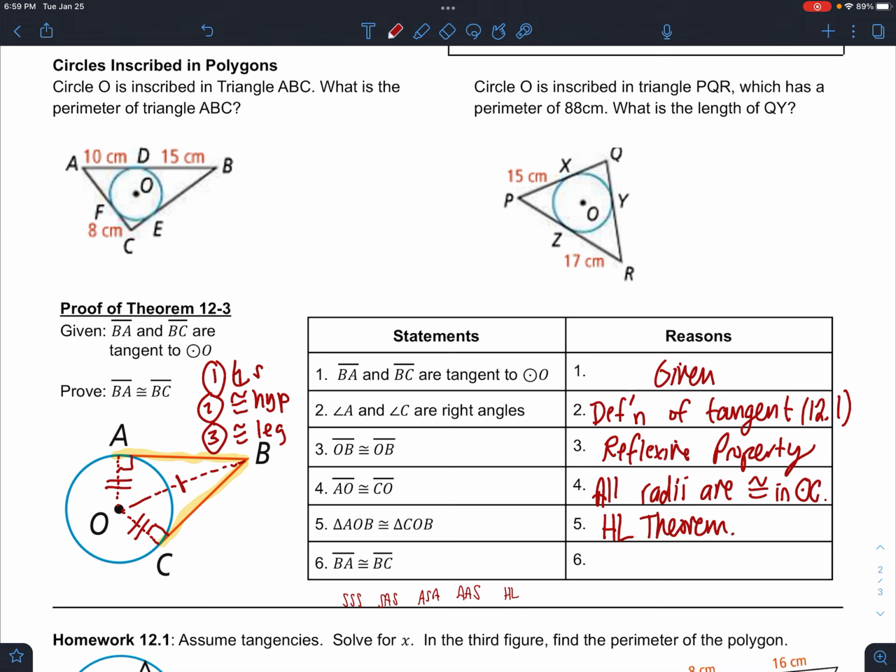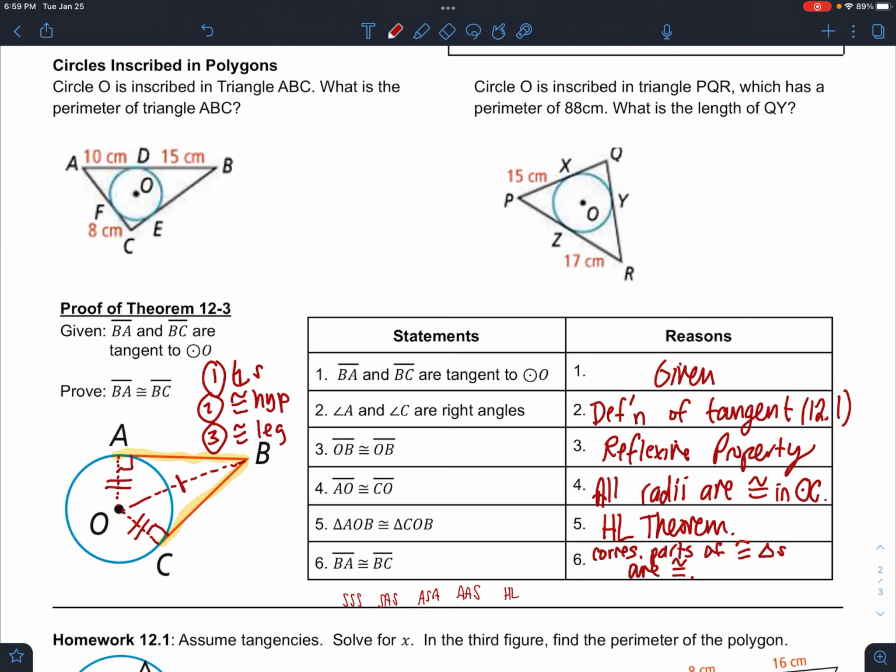So we had a name for that. That was corresponding parts of congruent triangles are congruent. And that long leg is a corresponding part. We have 2 long legs, and we know the triangles are congruent, so those got to be congruent too.